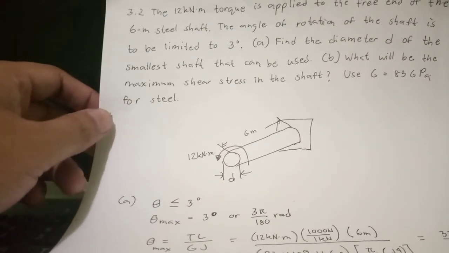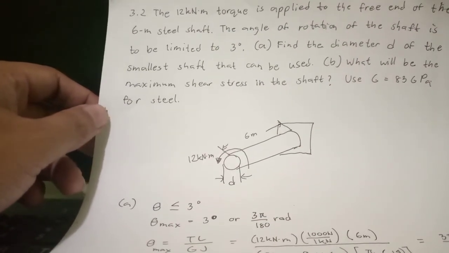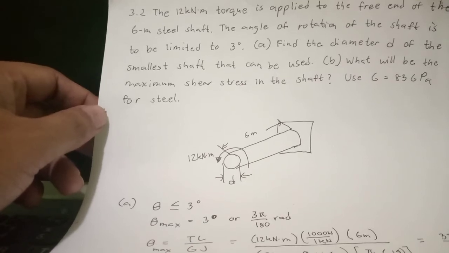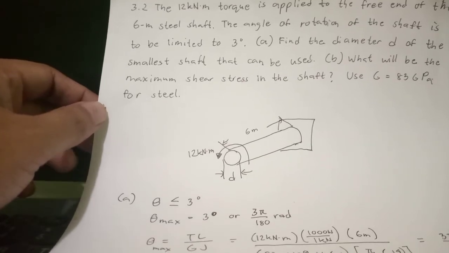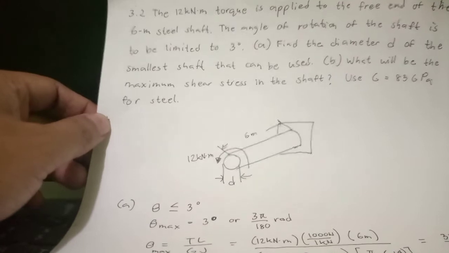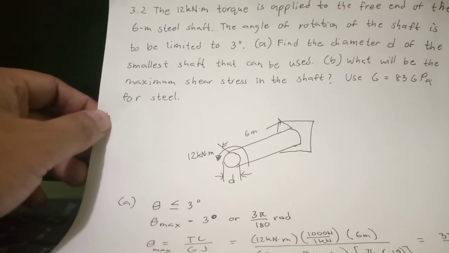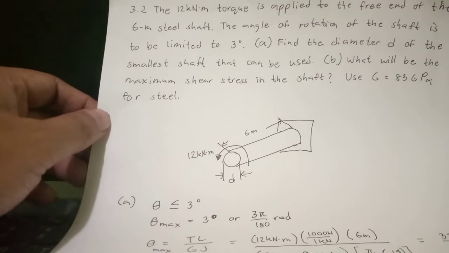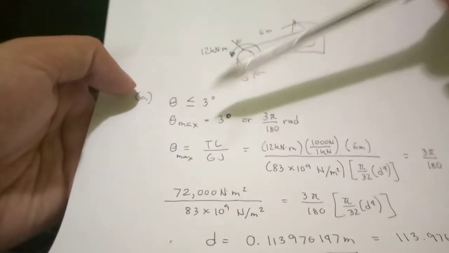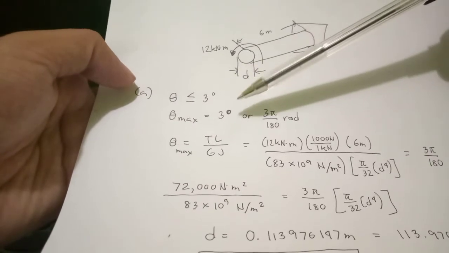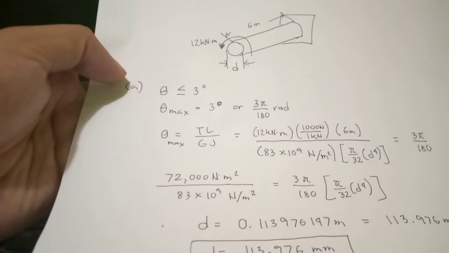So first, find the diameter D of the smallest shaft that can be used, and B, what will be the maximum shear stress. Given that the limit of your angle of rotation should be at most 3 degrees, we got this inequality: theta should be less than or equal to 3 degrees, or theta max is equal to 3 degrees.